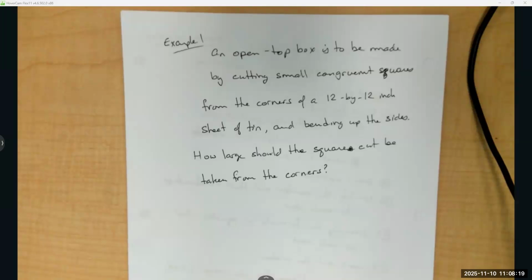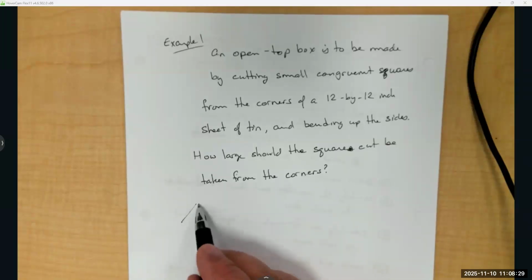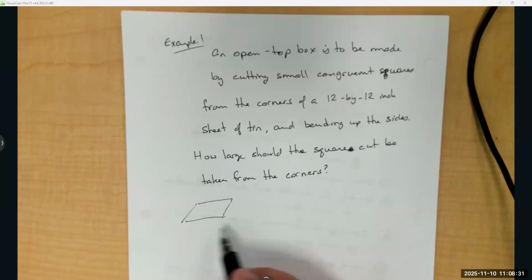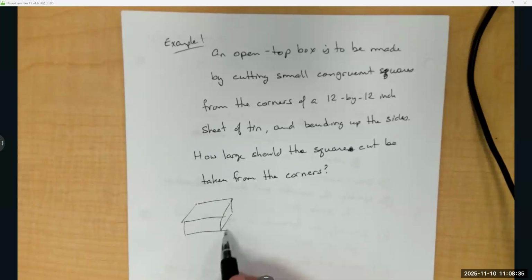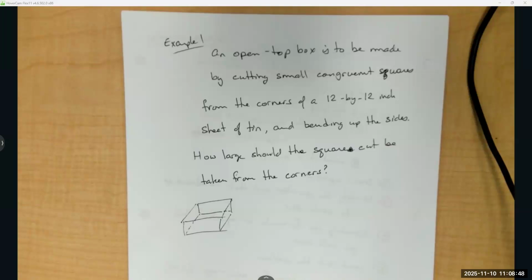All right. First sentence is telling us what? An open top box. More like algebra. All right.